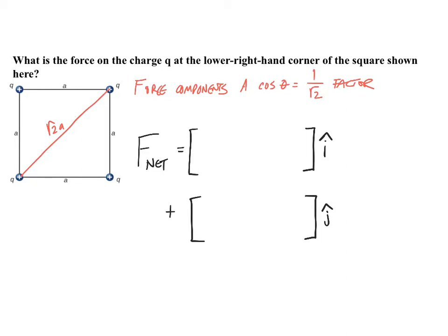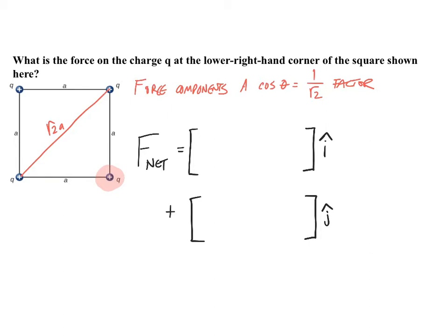I expect X and Y parts, because what's the force on charge Q at the lower right-hand part? So let's say this is our system, that's what we're paying attention to. What's the force on that charge that I highlighted in red?